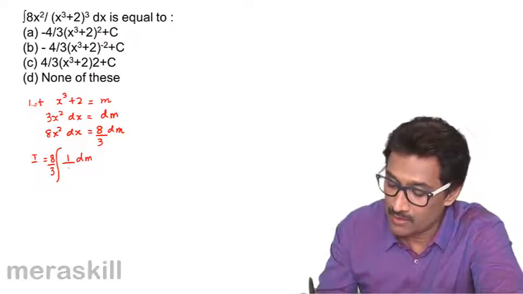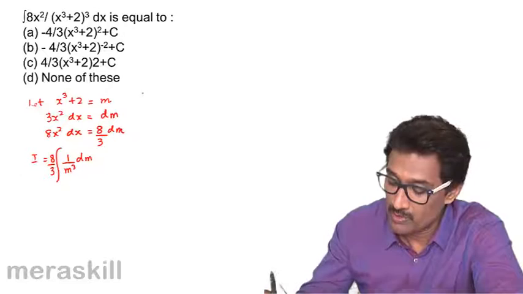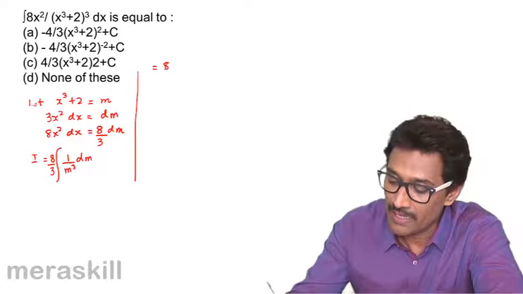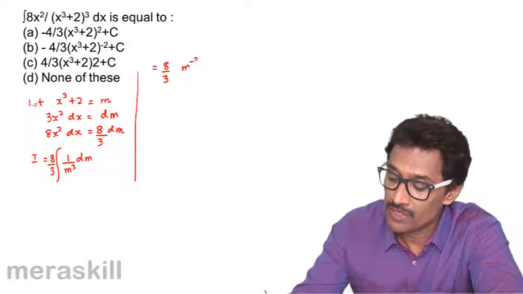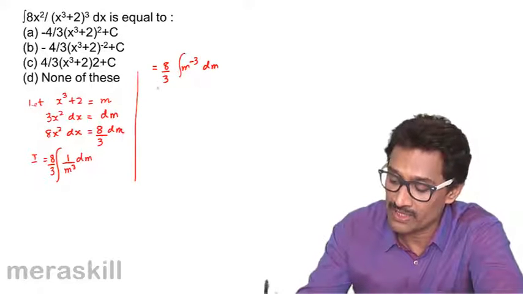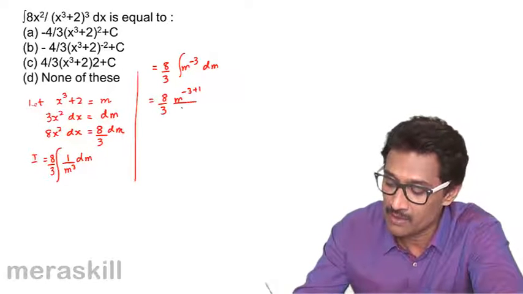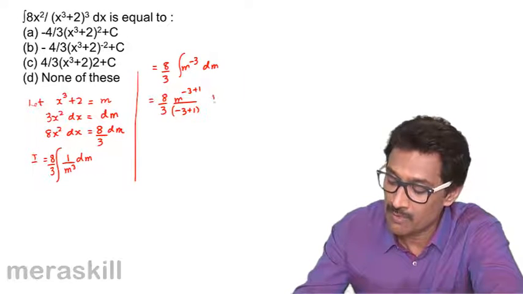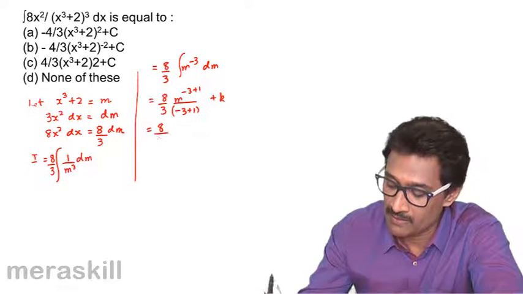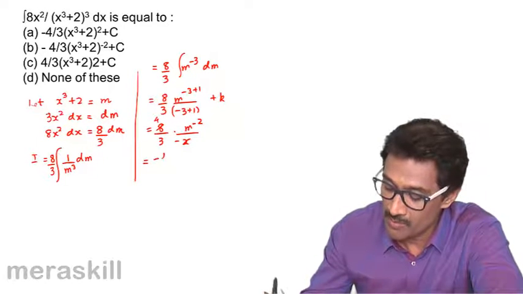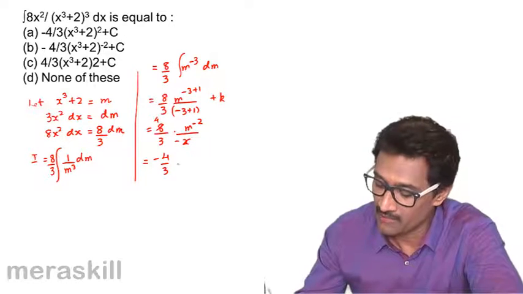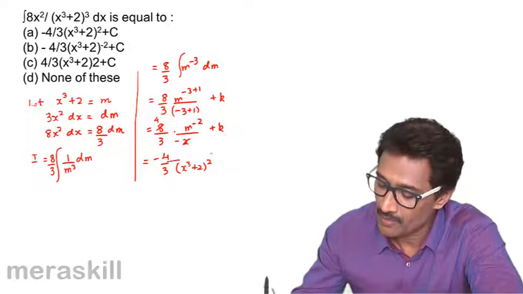1 upon m cube. So this is going to be 8 by 3 into the integral of m raised to minus 3 dm, which is nothing but 8 by 3 into m raised to minus 3 plus 1 upon minus 3 plus 1 plus k, which is going to be 8 by 3 into m raised to minus 2 upon minus 2, which is minus 4 by 3 upon m square, which is nothing but (x cube plus 2) the whole square, plus k.